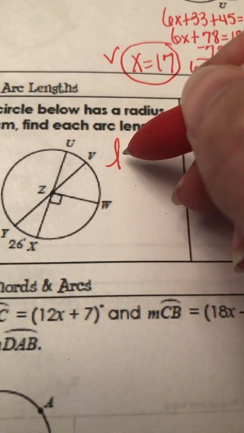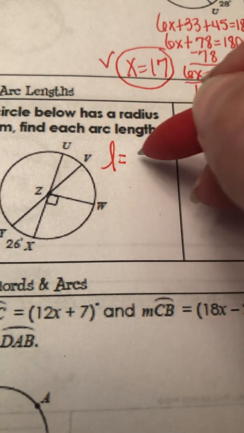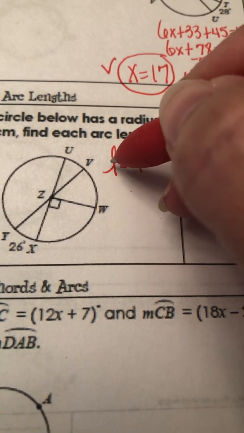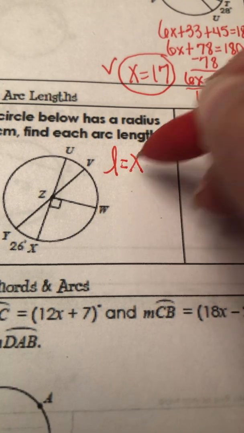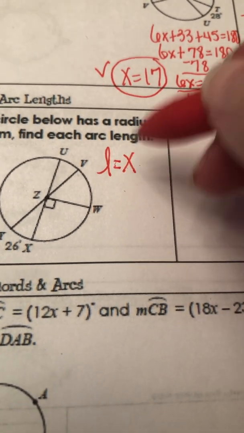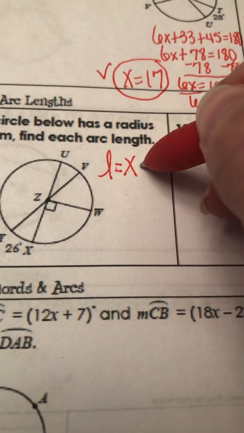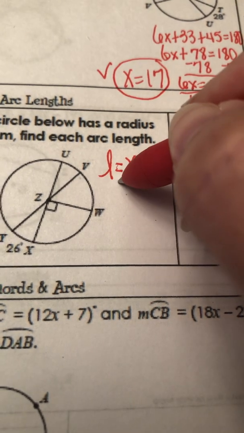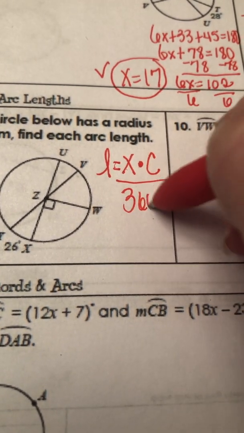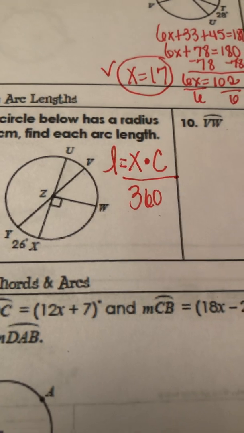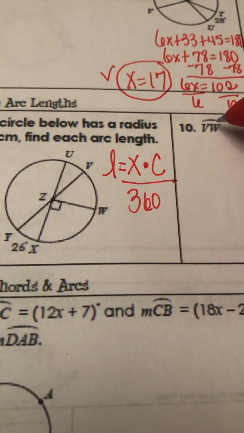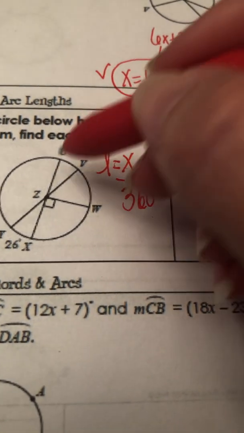The length of the arc is going to go back and deal with the circumference. So the formula is the arc length is x. X is going to be the degree of the arc times c, which is the circumference of the circle, divided by 360. So the first arc length that we're looking for is VW.